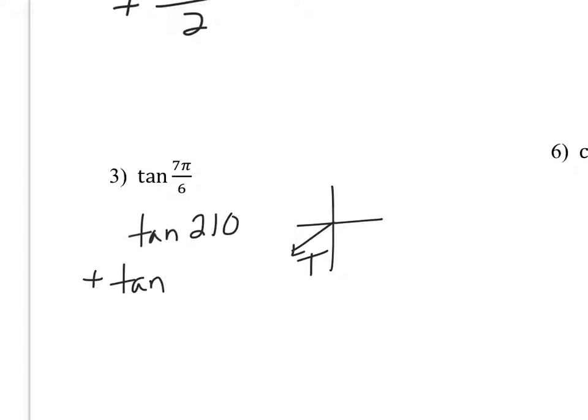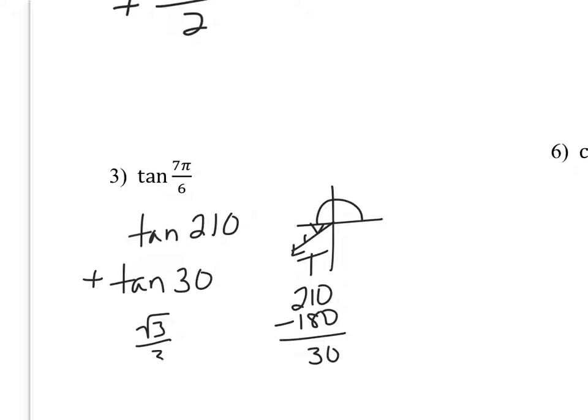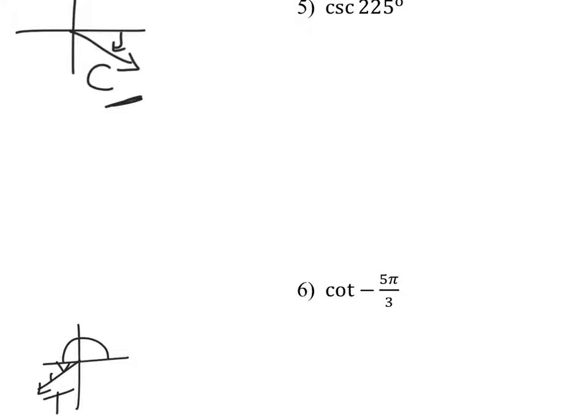And what's the reference angle? In quadrant 3, we do 210 minus 180, so that would be 30. Same as positive the tangent of 30, and the tangent of 30 is radical 3 over 3. So this is exactly what we were doing yesterday, but now we have to actually get the value that it's equal to.